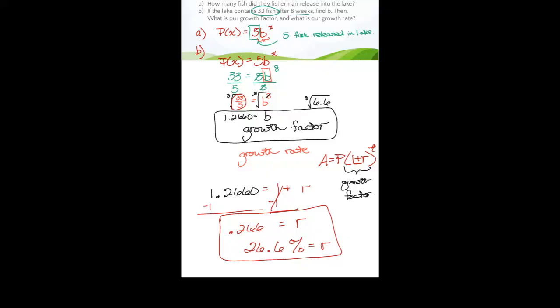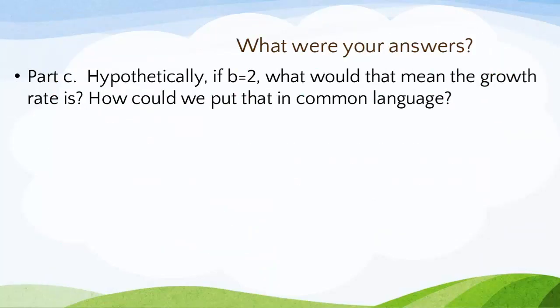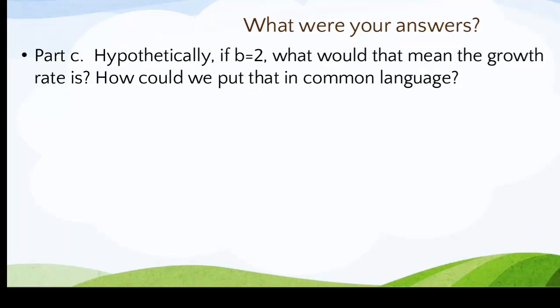Okay, so we have one more question. Part C says, hypothetically, if B is equal to 2, so if your growth factor is equal to 2, what would that mean the growth rate is? And how could we put that in common language? Remember, B is your growth factor.